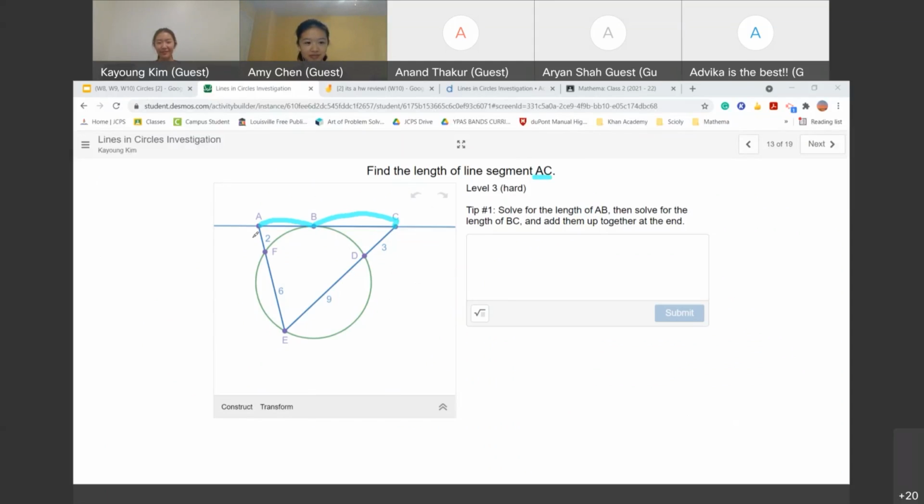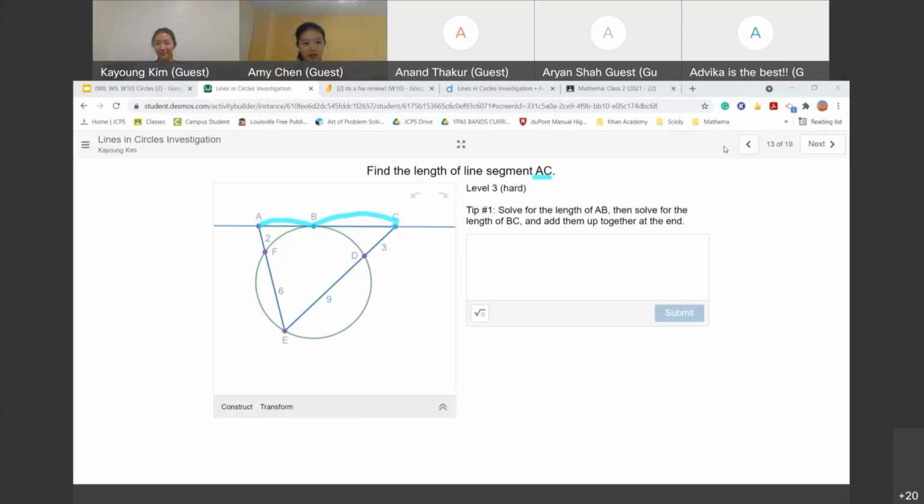Anyways, hint: it's pretty simple once you see it. In fact, as a tip or hint 1.5, just focus on either AB or BC and ignore the other one completely.